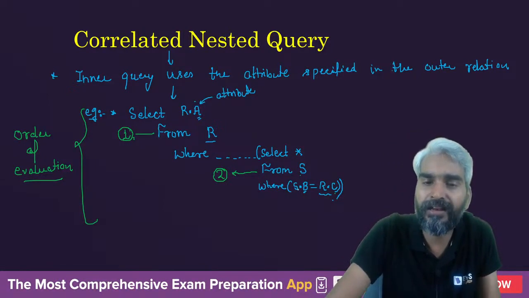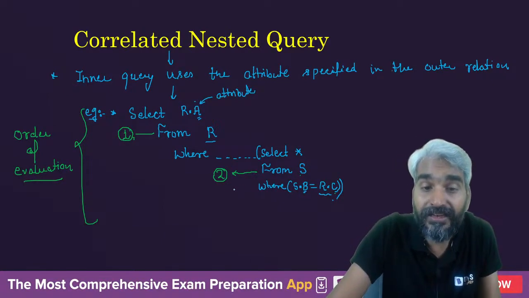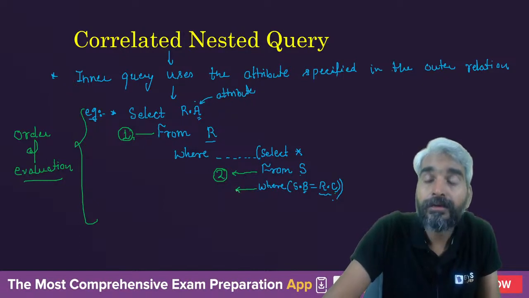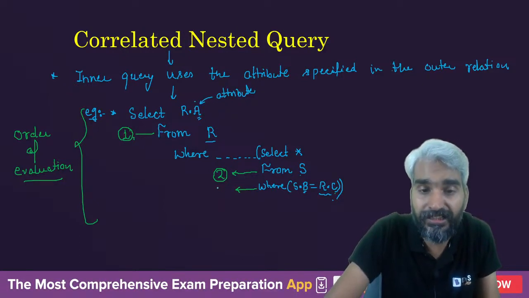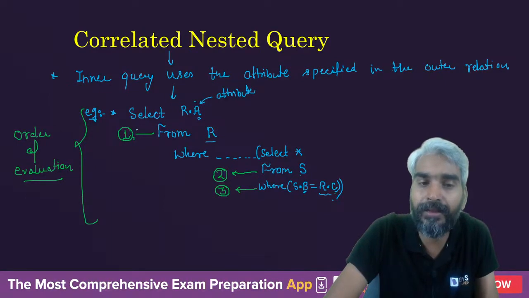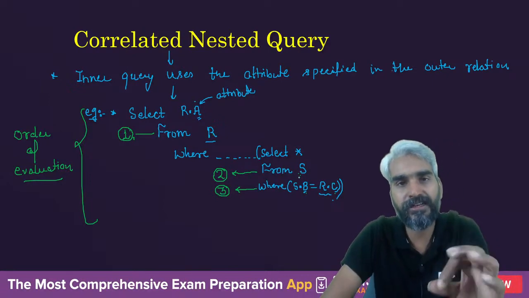So from this inner relation, you have the information of attribute B. Then the next thing that will happen is that you will execute this where condition based on the information of attribute A, attribute C available in the tuple of relation R and the information of attribute B available in the tuple of relation S.